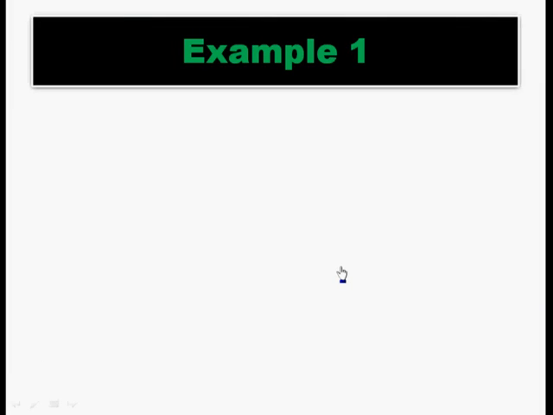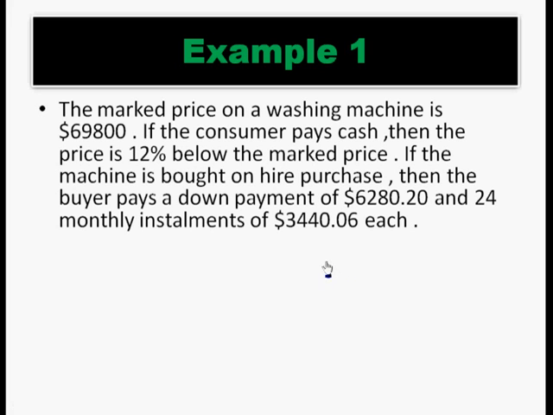Alright, now we're going to go to our first example. Example number 1. Could you read with me? The marked price on a washing machine is what? $69,800. Can you imagine? Is that expensive? Now, if the consumer pays cash, then the price is 12% below the marked price.